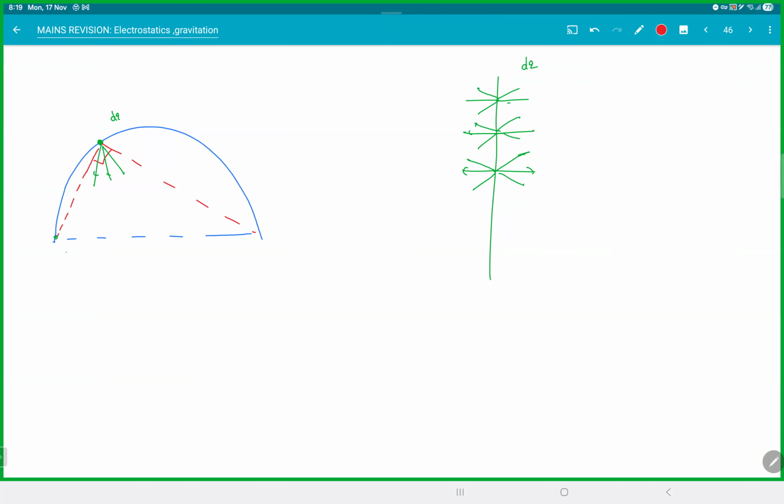In 90 degrees, how much flux? So one fourth of the lines will pass through the base. Therefore, the flux passing through the base is simply q by 4 epsilon.